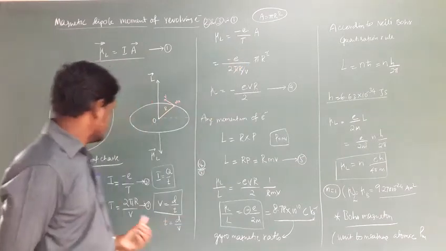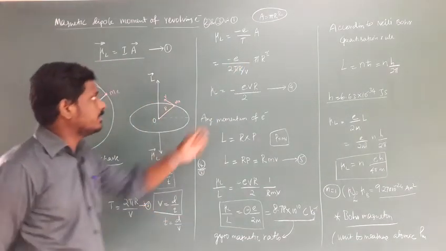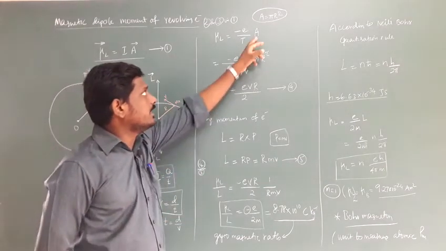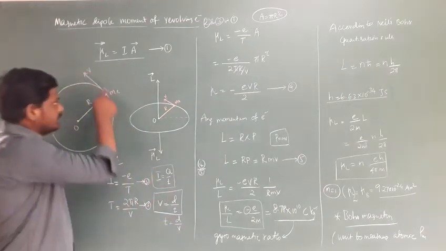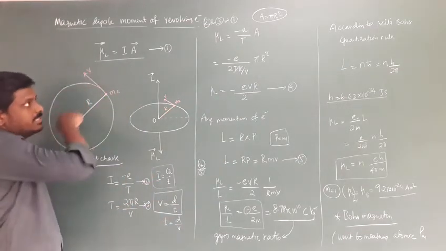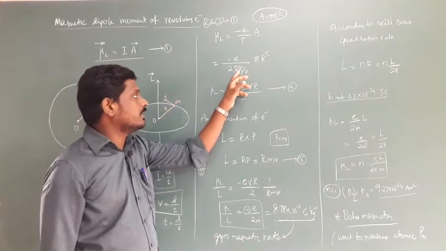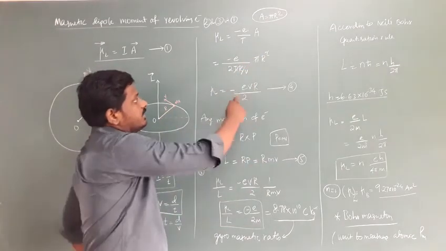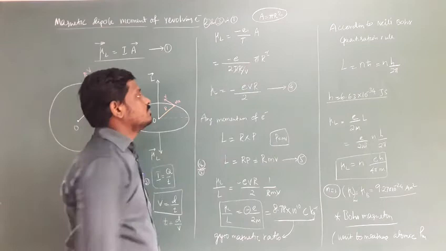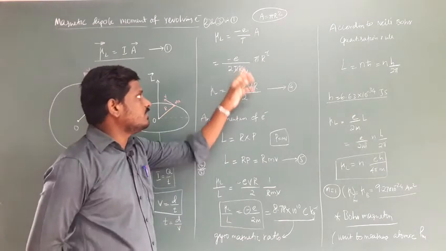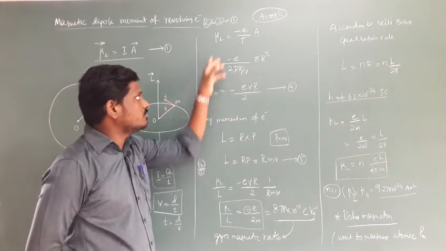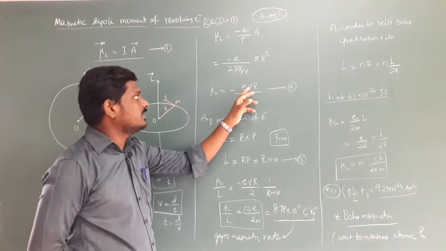Substitute T = 2πr by v. The area of the circle is πr squared. Then π cancels, r squared and r cancel, and after simplifying you will get −evr by 2.